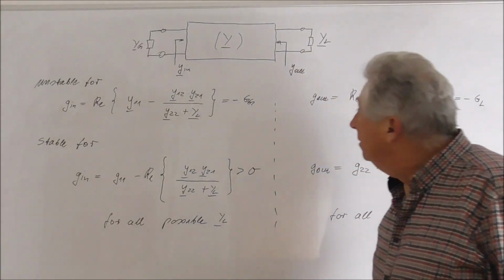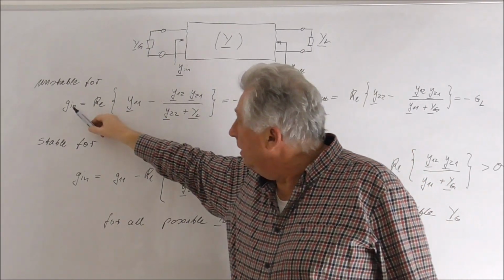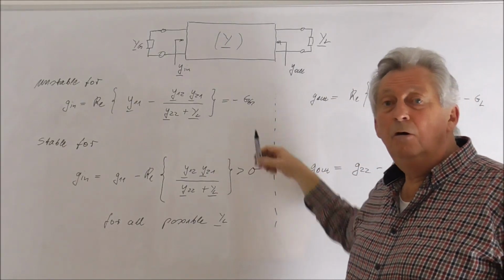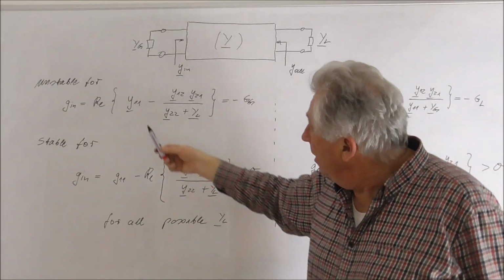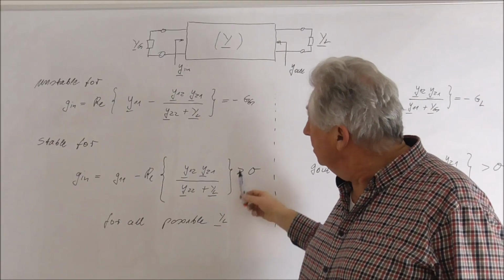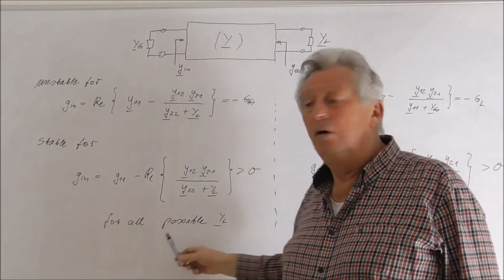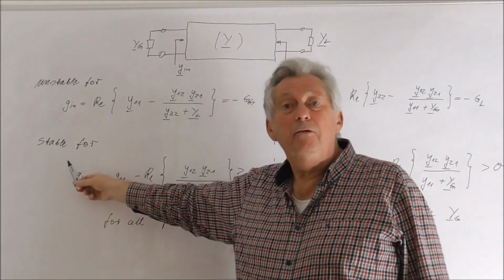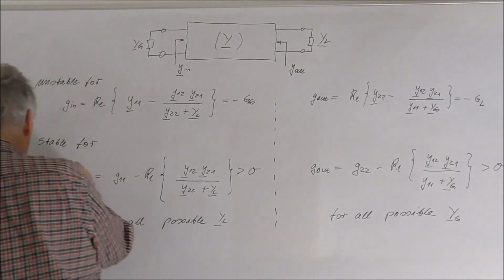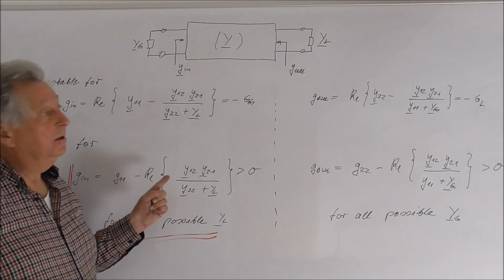And we saw we have an unstable system as long as the input conductance is negative. So we can say if the input conductance, which is a function of the load admittance, is always positive independent of the value of YL, then we will have a stable system.